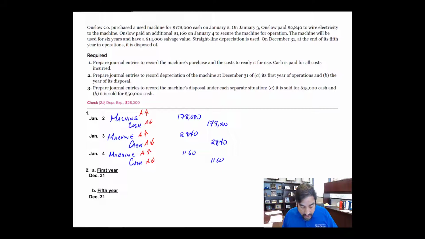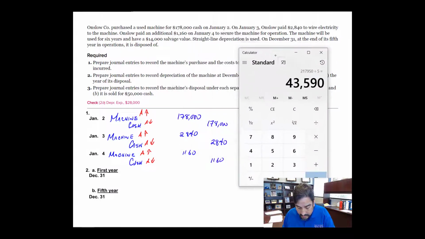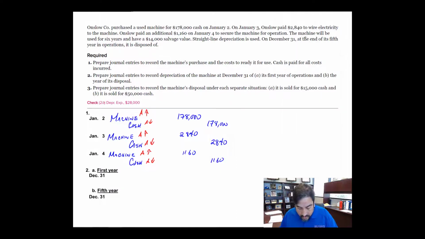So let's take the cost of the machine, $182,000, and I'm gonna write the T accounts also.